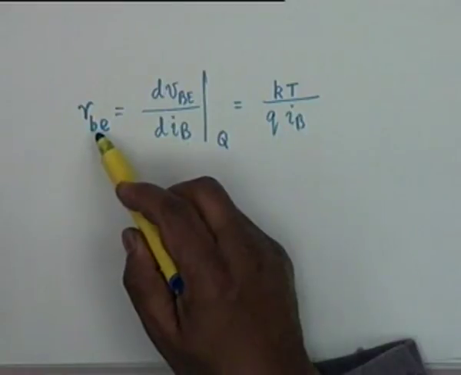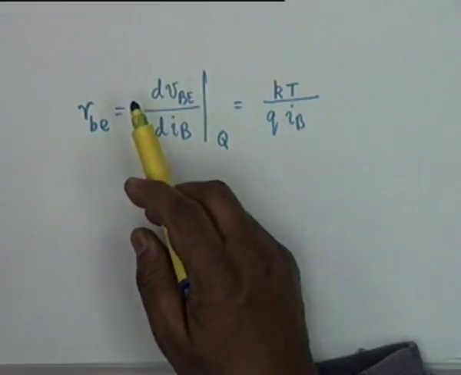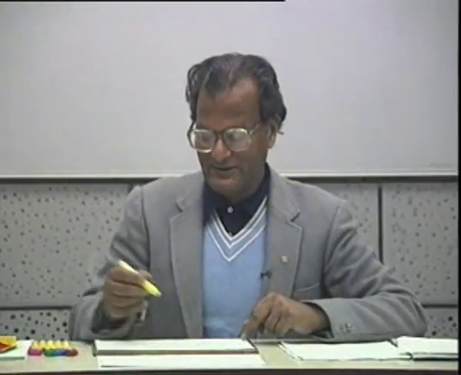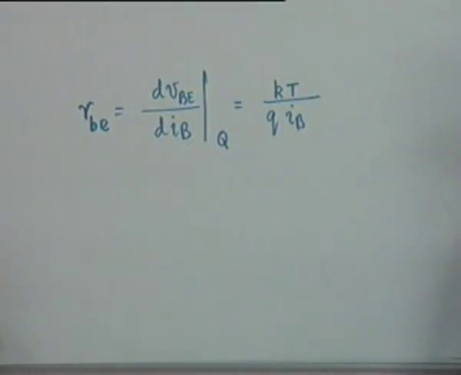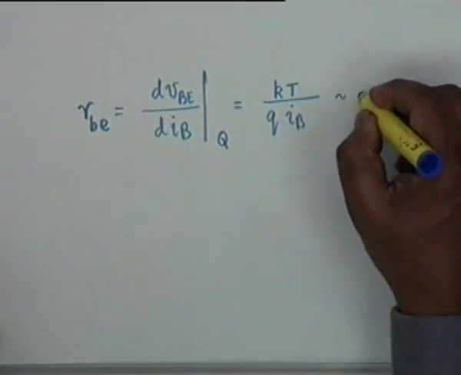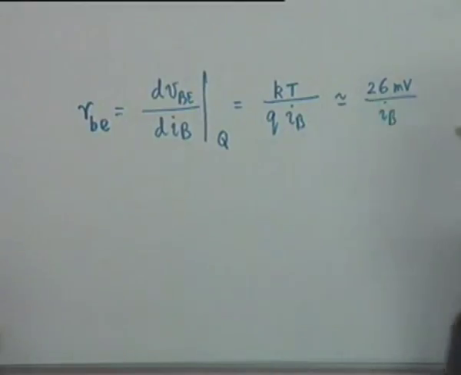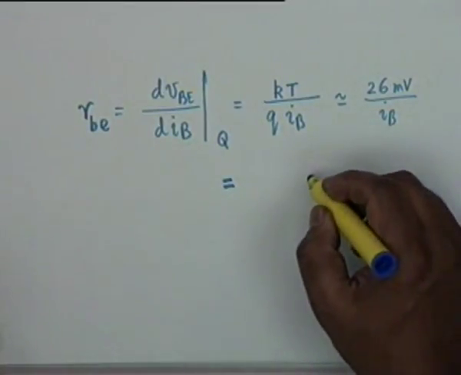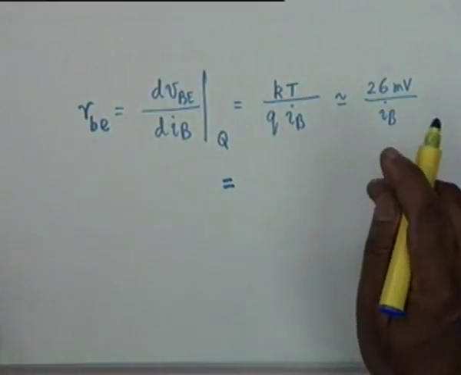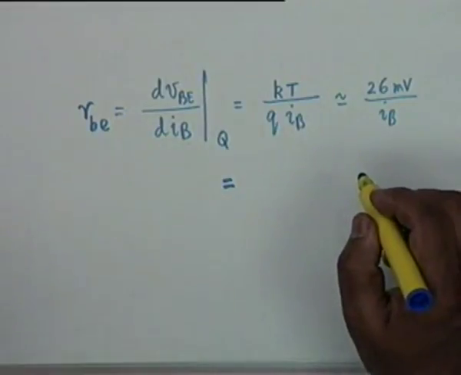Note these symbols. This is small b, small e, which means that this is the incremental resistance. Now this is KT by QIB, and you know KT by Q is approximately 26 millivolt. So this is of the order of 26 millivolt divided by I sub B, and I sub B, as you know, is given by I sub E divided by beta plus 1.